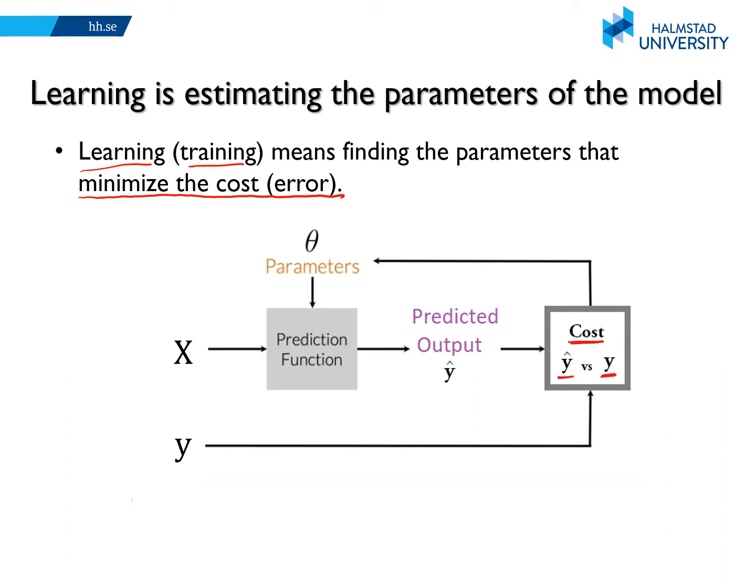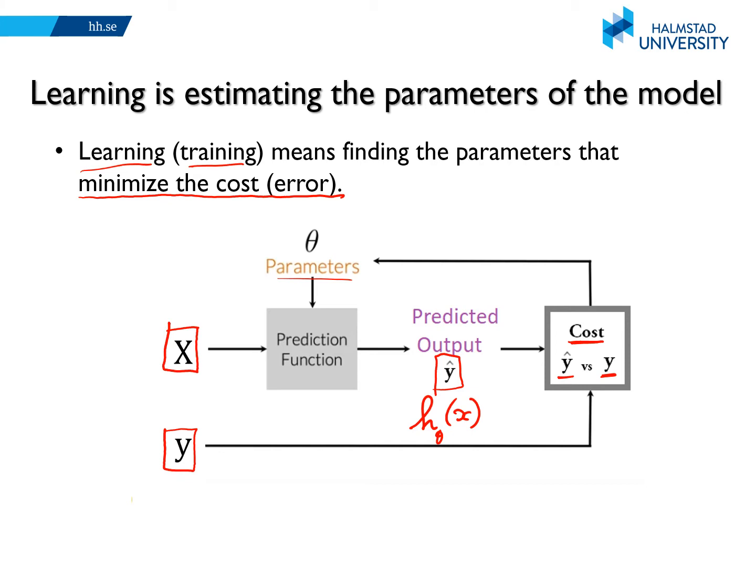So here we have our input data, x, and we have our true output corresponding to this data, for example, the true prices of our houses. And here we have our predicted output using our model or our current parameters. So this is basically h theta of x, the predicted output.